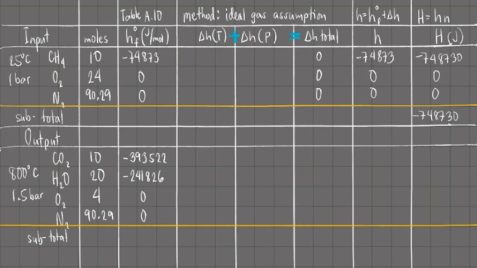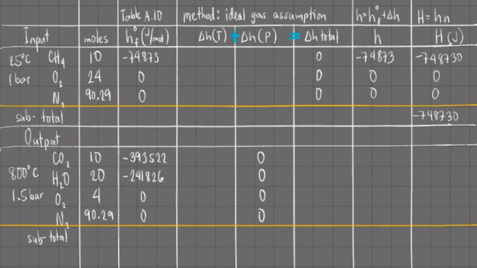Therefore, the delta H change with respect to pressure is 0 for all of these outputs. Always remember that for the ideal gas assumption. The only thing that will have a value here is our delta H coming from the change in temperature. And we can determine that using several methods as we have discussed earlier.